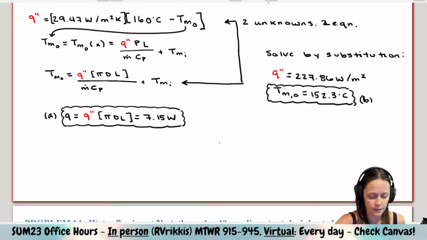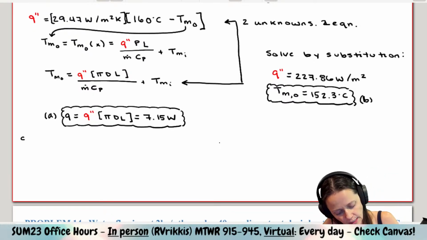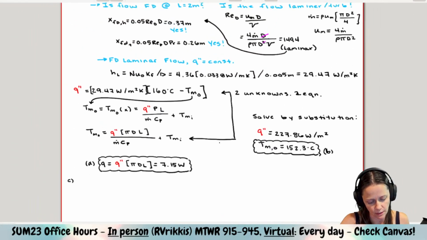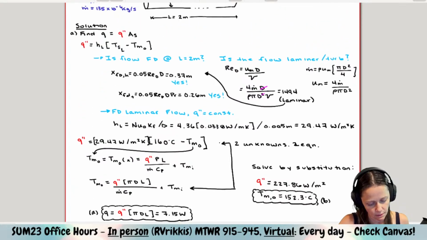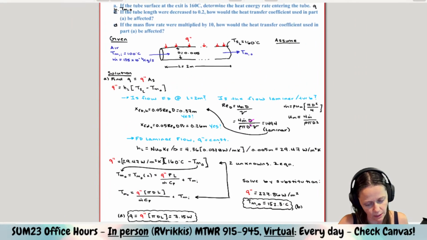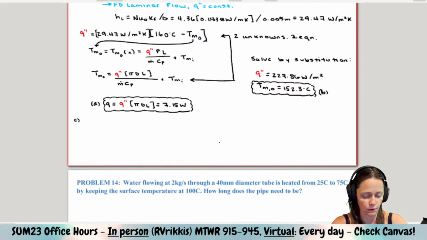So part C and part D. I'm going to scroll, Michelle, so you can at least see what it is. It says, if the tube length were decreased to 0.2 meters, how would the heat transfer coefficient in part A be affected? I'm not asking for a calculation.